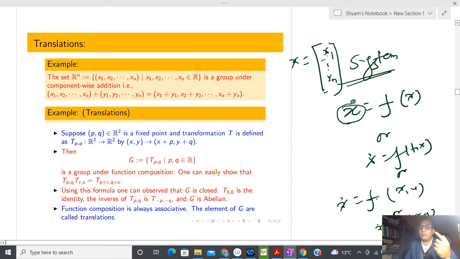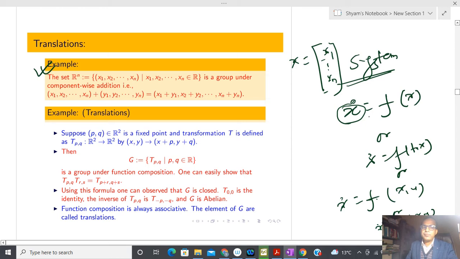Because I am just involving one operation, I am able to find the identity element also. I am also going to talk about what the inverse of each is, so please try to do it by yourself. Okay, so that is again going to form a group. So all state vectors, if you just take component-wise addition, form a group.